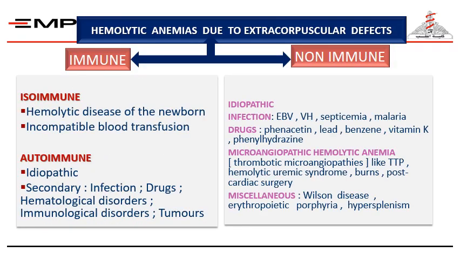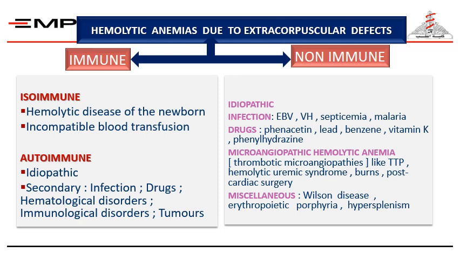Also, hemolytic anemias can result from causes outside the red cells, which could be related to immune or non-immune processes. Immune processes, the best examples are isoimmune, meaning that the antibodies are naturally present, like hemolytic disease of the newborn and incompatible blood transfusion.